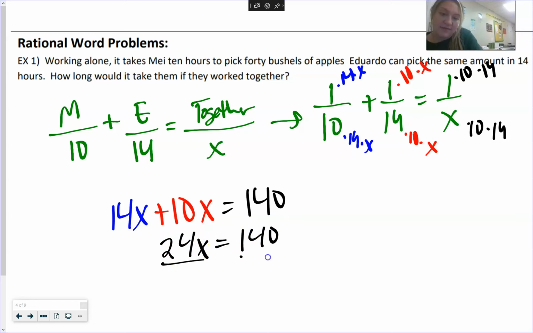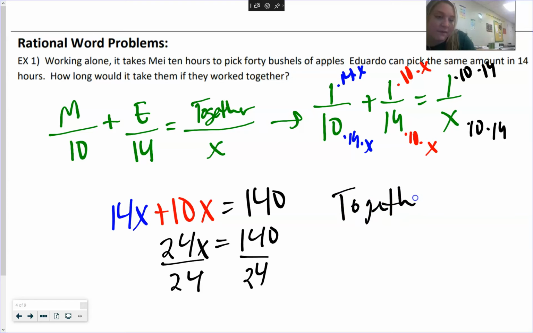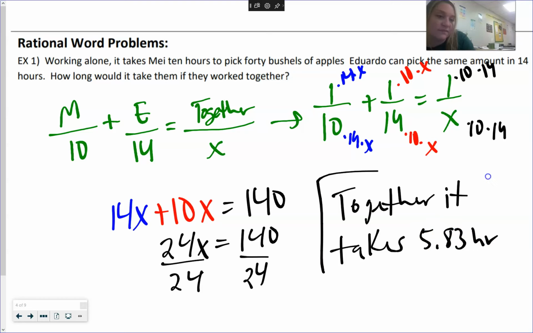Then we divide both sides by 24. 140 divided by 24, I get about 5.83. So together, it takes 5.83 hours.